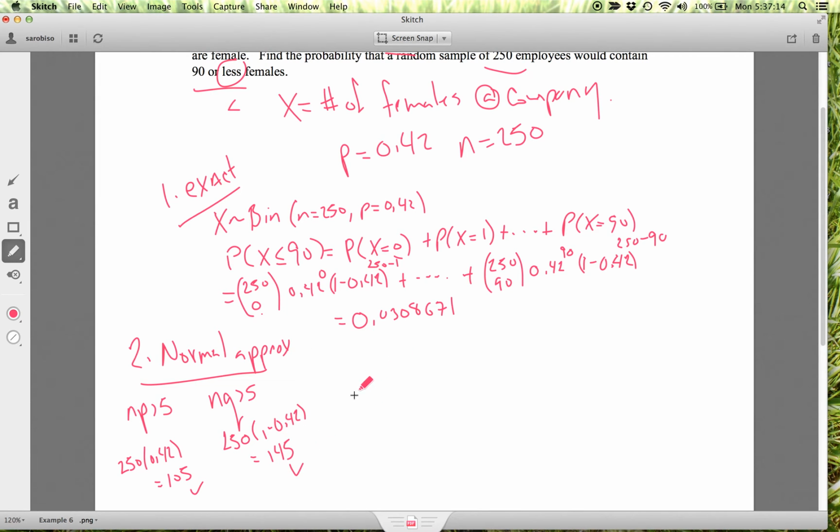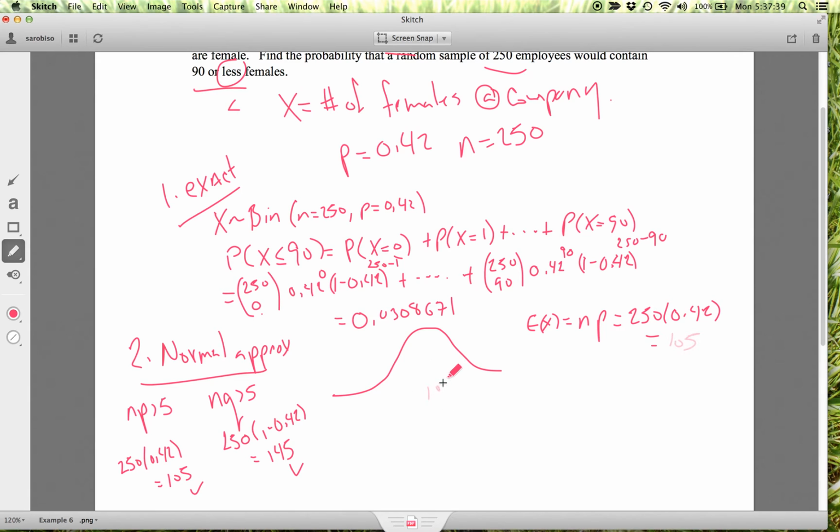Now, how to use the normal approximation. It's probably best to first find the middle value. For a binomial, the expected value, the middle value, is always n times p. This is 250 times 0.42. We just calculated this to be 105.